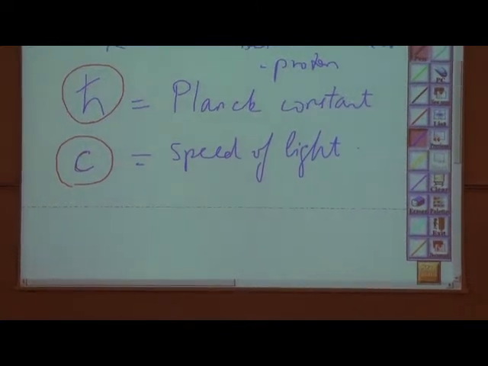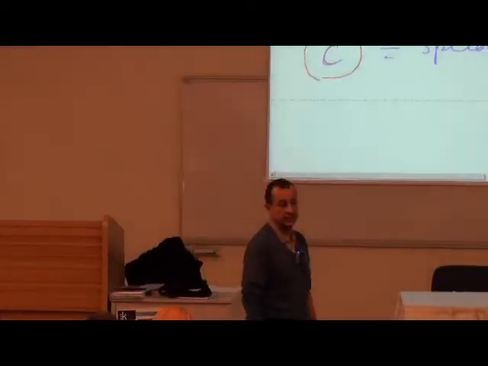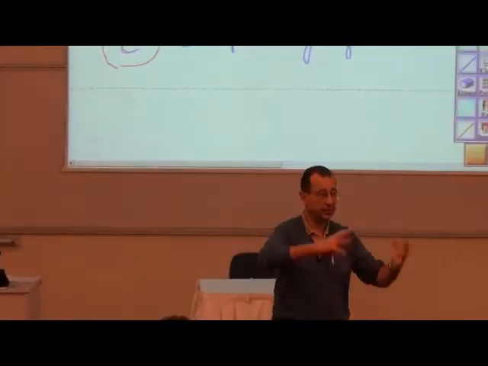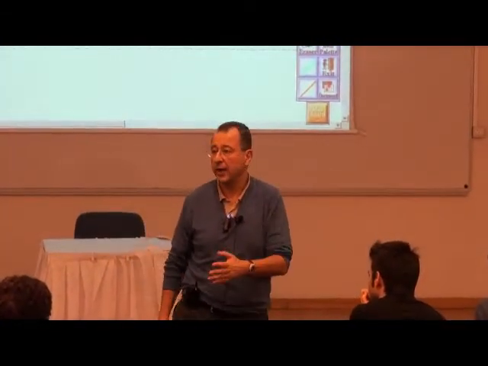Why is that a fundamental constant? Because, as we discussed, it is not just light. It is the speed of all kinds of electromagnetic waves, like radio waves, X-rays, ultraviolet, whatever.